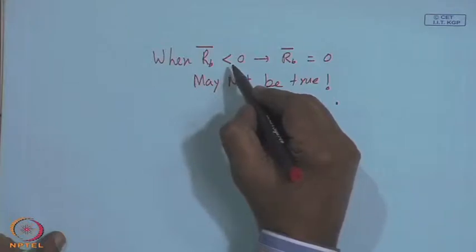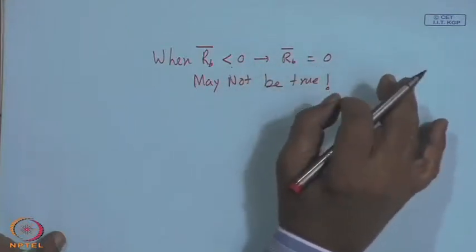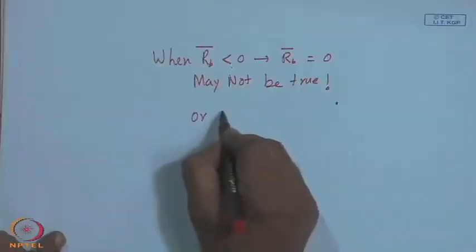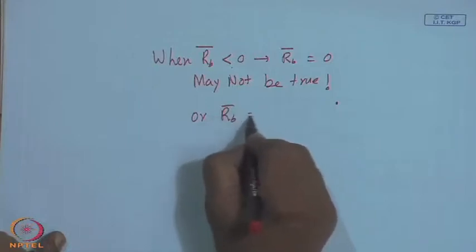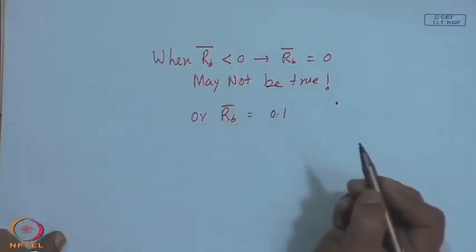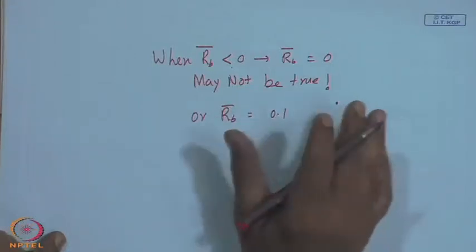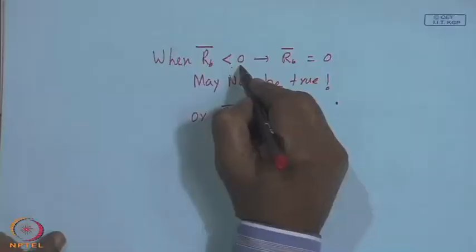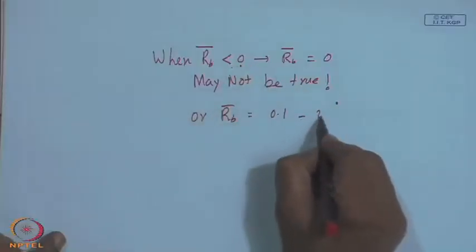You got a R b bar negative because your negative contribution is larger than the positive contribution, or you might have had R b bar equal to 0.1, where from possible positive contribution some negative contribution has been subtracted. So, either it may be wrongly shown as negative or underestimated.